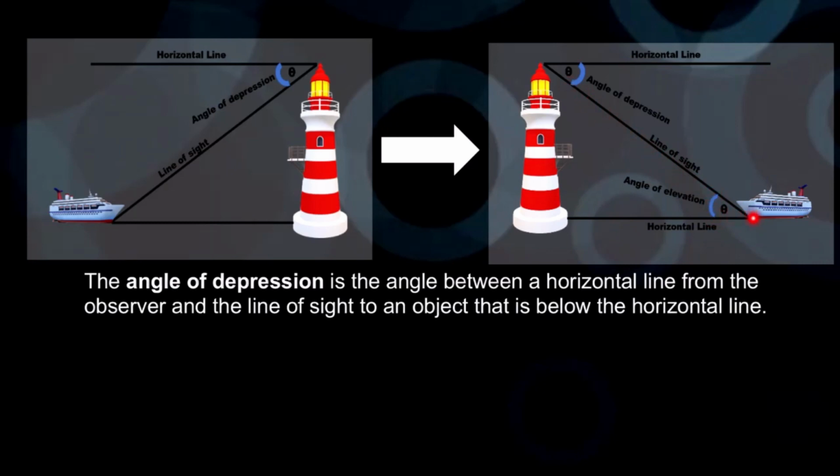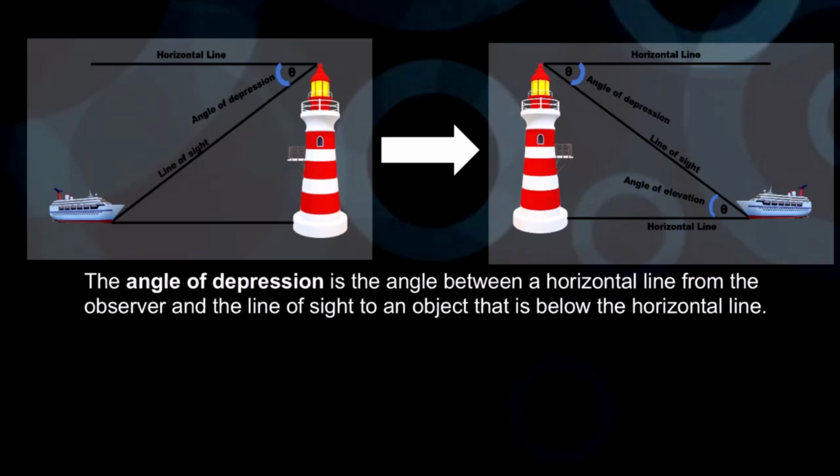Kasi po ang observer natin, ang line of sight niya is above him. Pag ang observer naman po natin is nasa tuktok na to, ang line of sight niya po is below sa kanya. Pagka below po, that is the angle of depression. Pag above naman sa observer natin ang kanyang line of sight, that is the angle of elevation. Ayun po yung pinagkaiba nila.